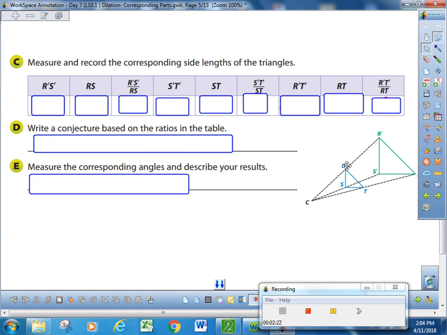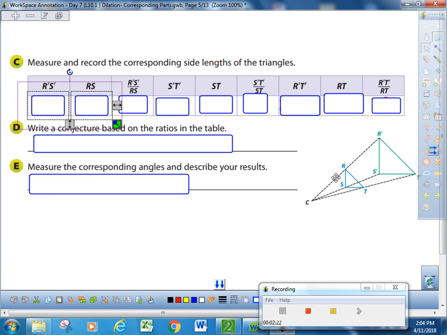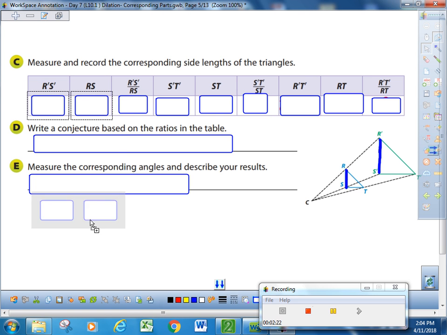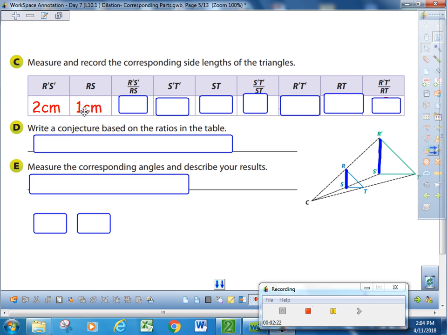So if I have a pre-image, RST, and then the image, R prime, S prime, T prime, I'm going to show the measurement of the corresponding sides. So if I look at RS prime, which is right here, and RS, these measurements are 2 centimeters and 1 centimeter.